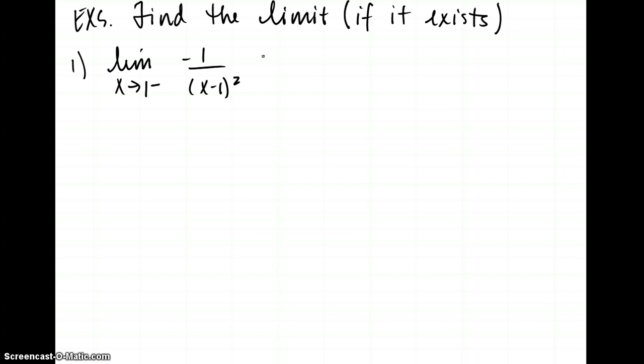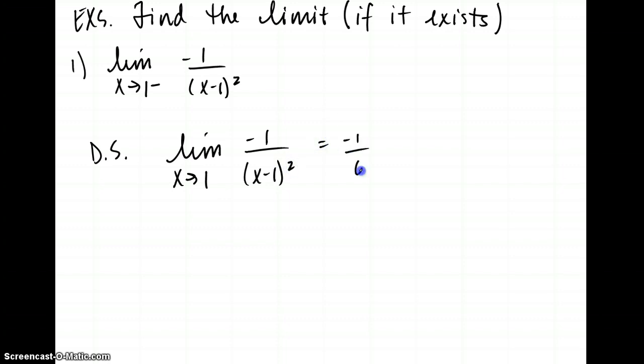So when you attempt to determine one-sided limits, always start with a direct substitution. So if I found the limit as x approached 1, direct substitution would give me negative 1 over 0. So automatically the limit does not exist.